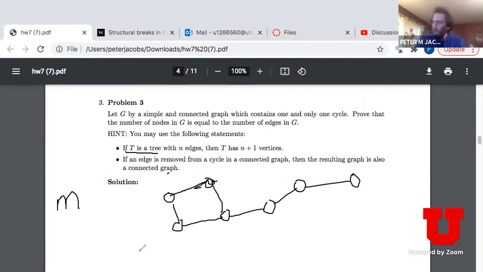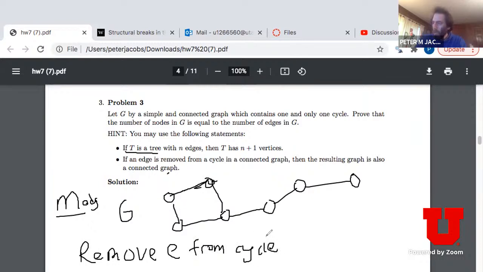In particular, let's say we have a graph G, and let's say that it has m edges. Now we're going to remove an edge E that is in the cycle. We know G has a cycle, so we're going to remove the edge E from the cycle.